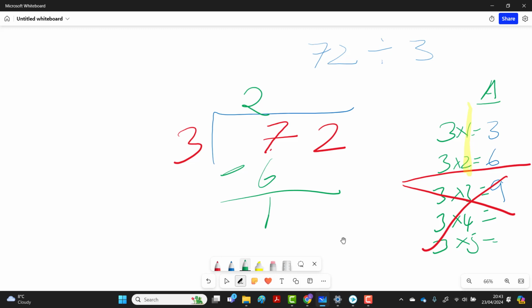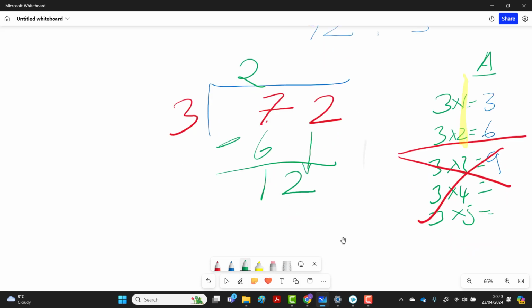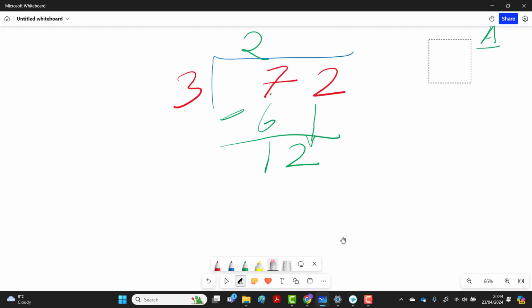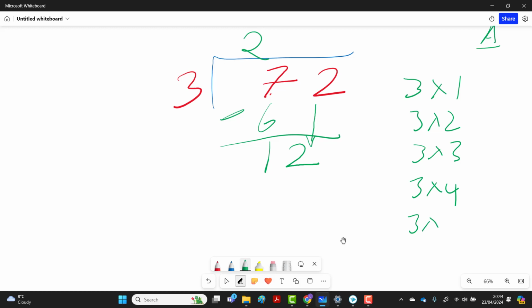Now, the next number down, waiting at the bus stop, is 2. So it joins this one and makes a new number, 12. So how many 3s go into 12? Again, we do the same thing as before. If the answer goes above 12, we have to stop. So 3 times 1, 3 times 2, 3 times 3, 3 times 4, 3 times 5.